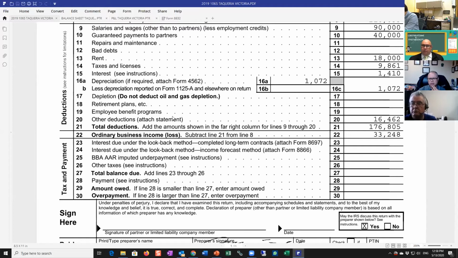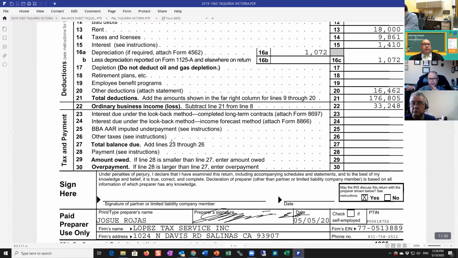The next part is the ordinary business income or loss. Line 22 is what we're going to use to report our K-1s. The tax and payments section is almost never going to be used.